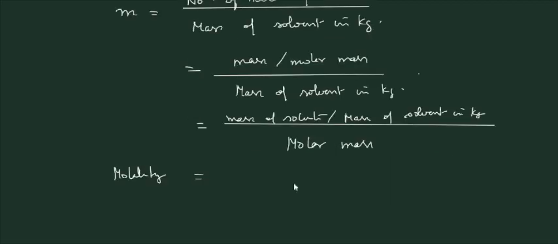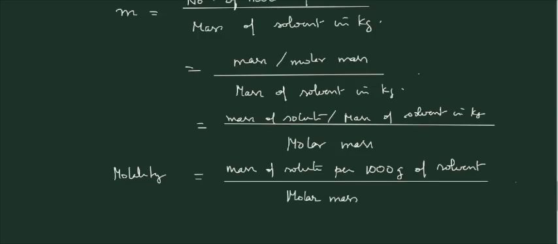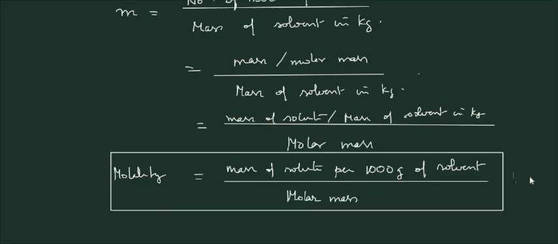Mass of solute by mass of solvent in kg is mass of solute per kilogram of the solvent or mass of solute per 1000 gram of solvent. So molality is mass of solute per 1000 gram of solvent divided by molar mass. So molality can also be calculated by this expression.